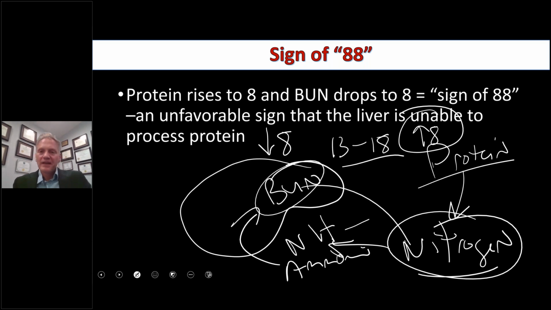So what we want to do is figure out why. The most common reason is infection, but worse things can be there as well. You can see things like cancer or other catabolic processes that can lead to this. If you see somebody has a sign of 88 and there's no other signs that you can see from observation, from history or physical, that means that they need to be in the emergency room, then that means that you can develop a strategy.